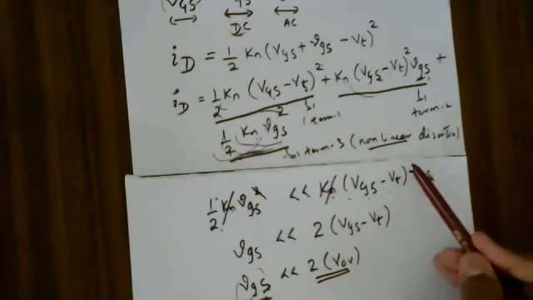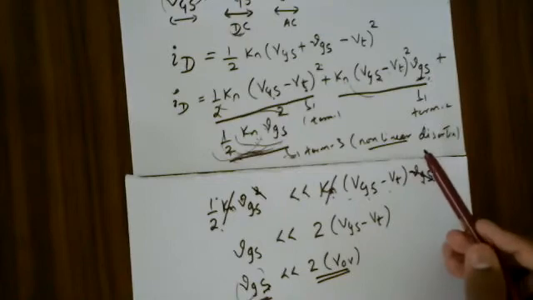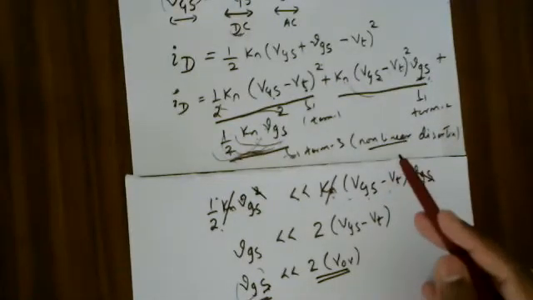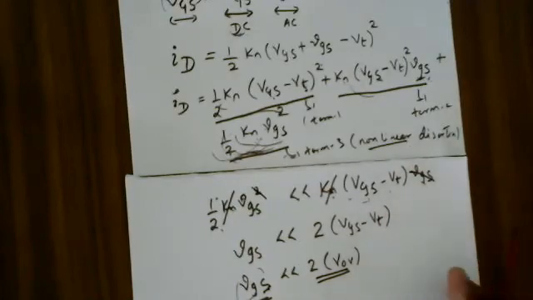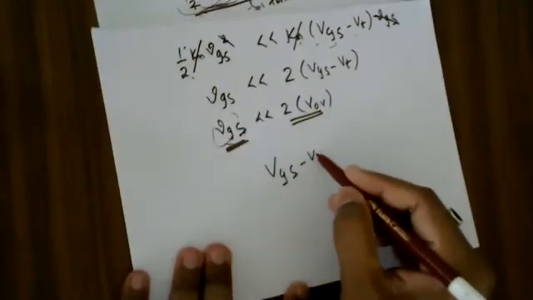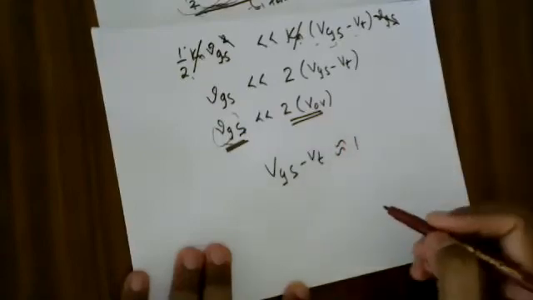Now why am I ignoring the square? If you want a proof, you go back to the numericals that you have solved. You see what the difference is: VGS minus VT. This difference is approximately equal to 1.